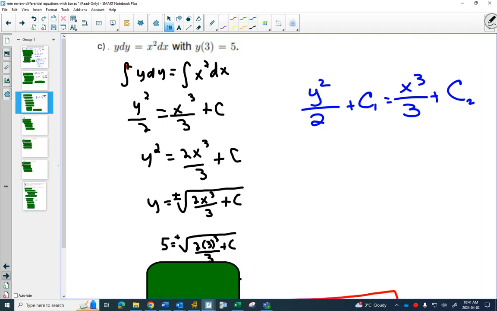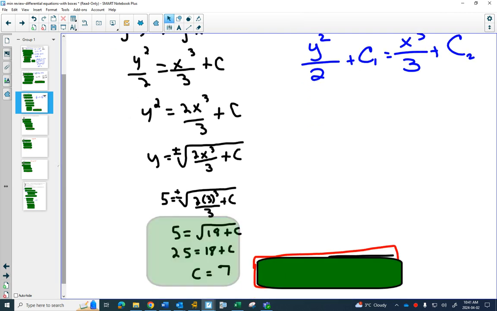Still have that plus or minus. And then look what happens. Where's the c? The c is inside my square root. What do I have to do then? I have to square to get rid of my square root. Do you see that?